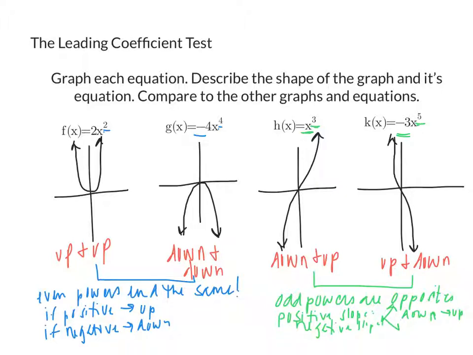We have a function that's kind of pointed downward, so that one is up to down. Okay, and that's how you are able to use the leading coefficient test. So I should be able to look at any polynomial function and determine what's going to happen to their endpoints based off of knowing if it's an even or an odd power, and then determining, once I know that it's even or odd, if the function is positive or negative.